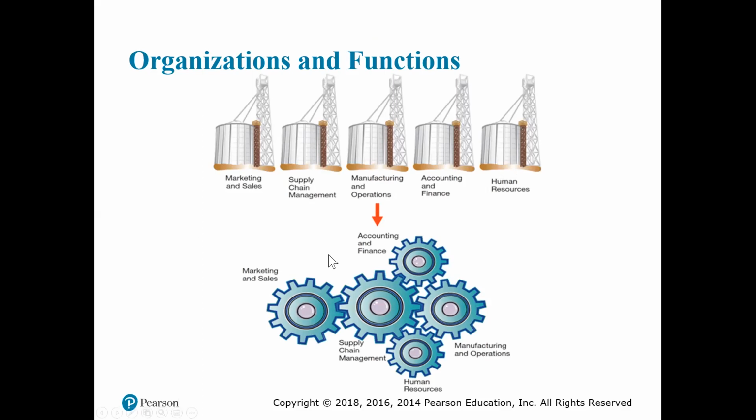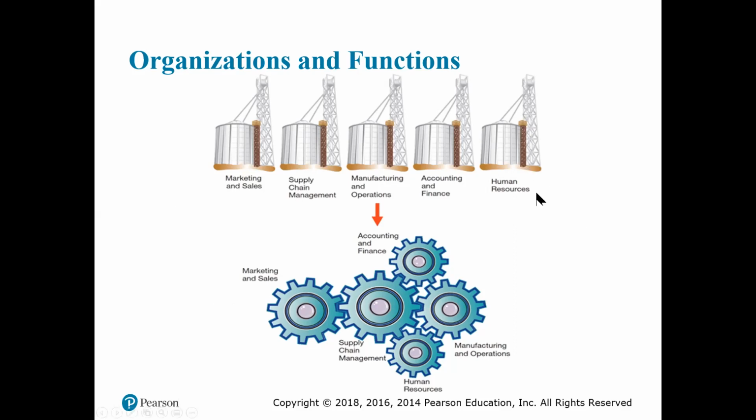For example, the marketing department is responsible for advertising, promoting products and services, and forecasting sales, right? Supply chain management is responsible for procuring raw materials and components. The manufacturing department is changing raw input to output, like manufacturing goods, and the accounting and finance department is planning and budgeting.